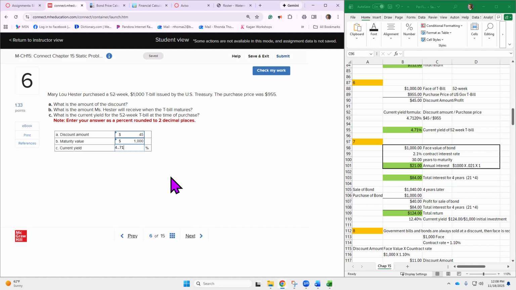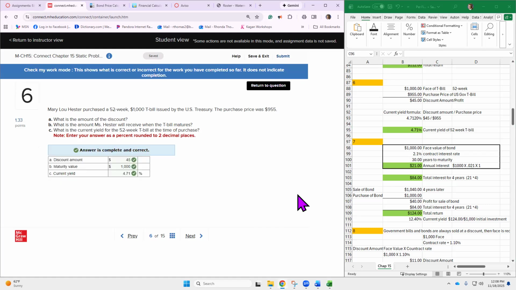All right. So 4.71%, if my calculations are correct. Let's check it. So that current yield amount would be another way to say that in stock market world: what's the rate of return, right? How much is that bond yielding?